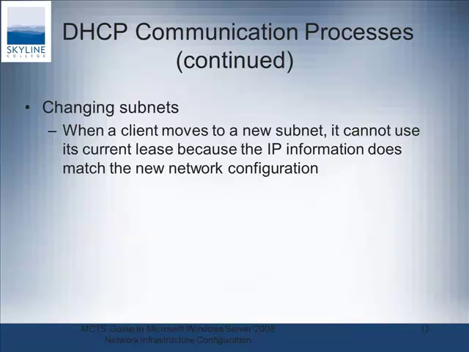Because it would have a lease on it, right? And this, I think, probably is more prevalent with wireless, because you may go from network to network. You go into some place, and what address do you have? Still got the old address. Can you communicate on that network? Shouldn't. Changed subnet.